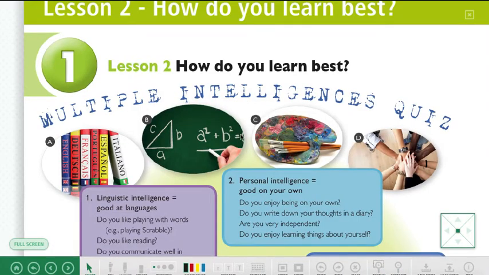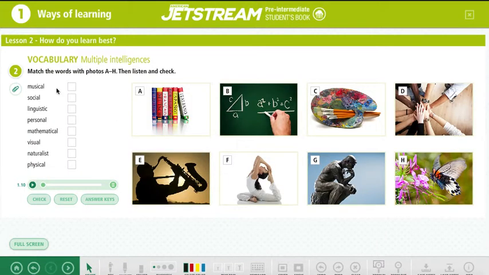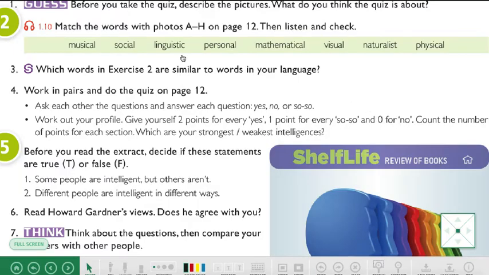Look, A, B, C, D. So in this exercise, we are going to match them. What is a musical intelligence? I think this, so I am going to write the letter over here, and that's it, okay? Well, you are going to finish it, and then we're going to go back here. Now, let's see. This is the first exercise in the lesson, okay?